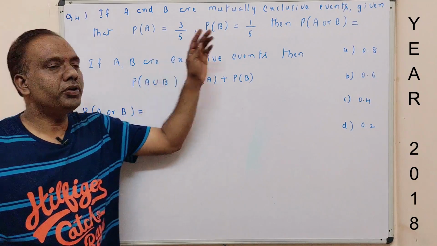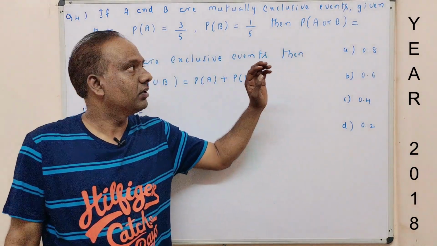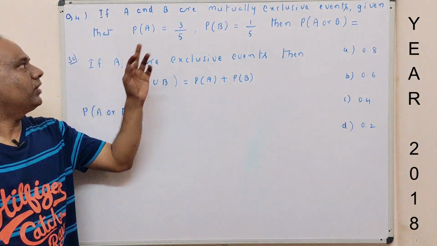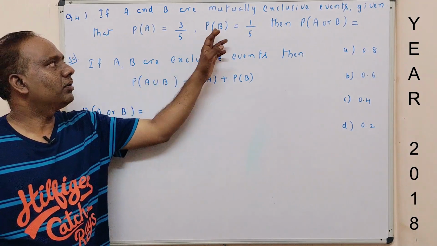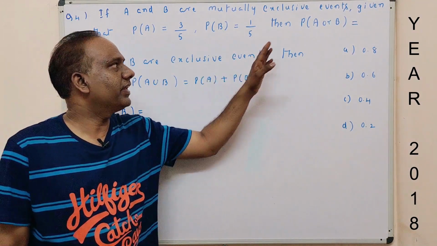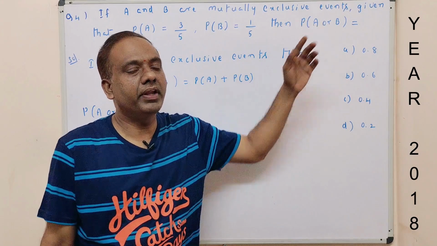If A and B are mutually exclusive events, given that P of A is equal to 3 by 5 and P of B is equal to 1 by 5, then what is P of A or B?